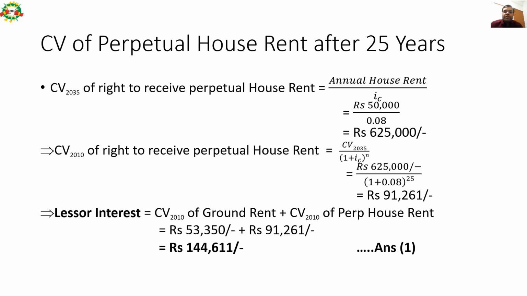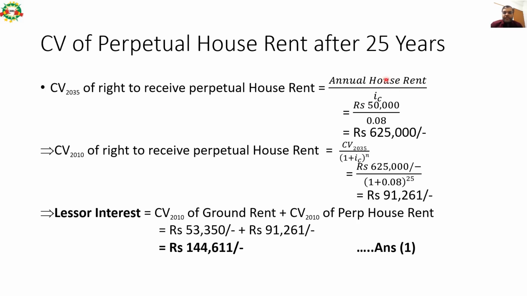So next we'll calculate the perpetual house rent that the lessor will get after expiry of 25 years, because tenants cannot be evicted because of the application of the Rent Control Act. So after 25 years, which is from 2010, that is with effect from 2035, the lessor will get annual rent of ₹50,000 from the tenant.